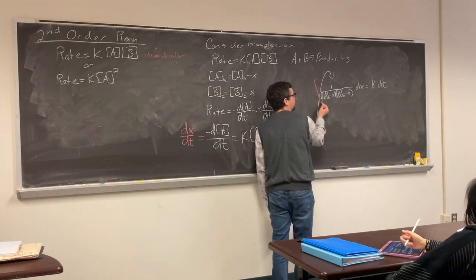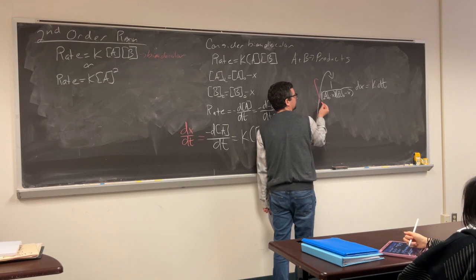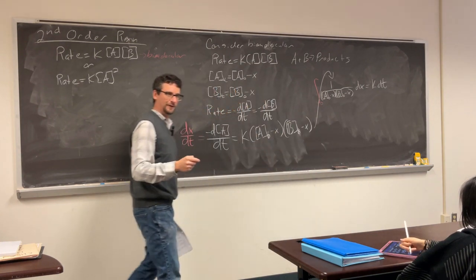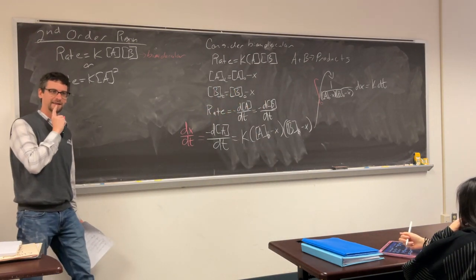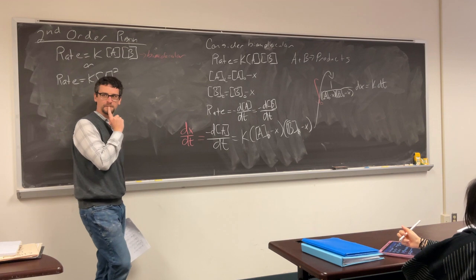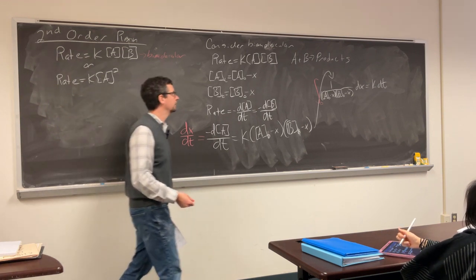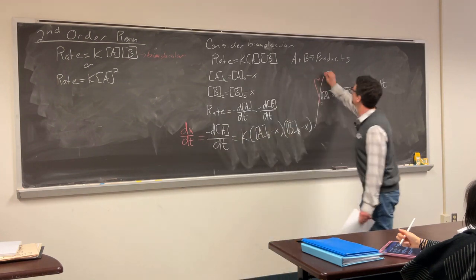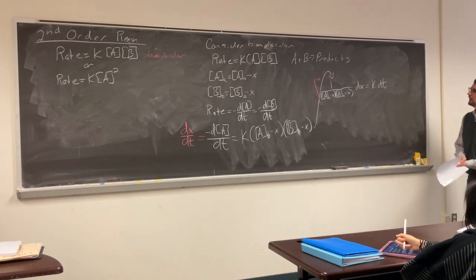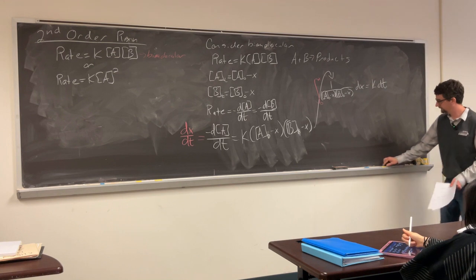Where are we going to go to here? Starting at 0, going up to what value? Where nothing's reacted all the way up to x. And then what about for the time side?